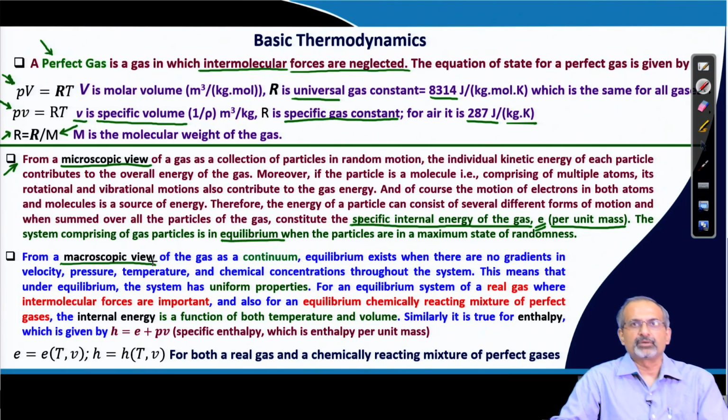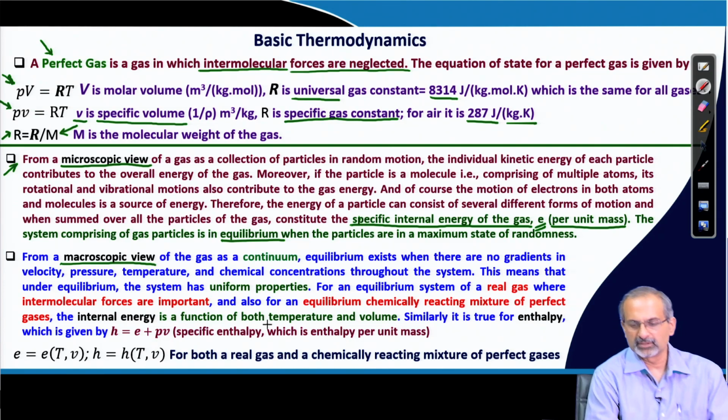So, under equilibrium, the system would demonstrate uniform properties, and for an equilibrium system of a real gas where intermolecular forces are important, and also for an equilibrium chemically reacting mixture of perfect gases, the internal energy is a function of both temperature and volume.